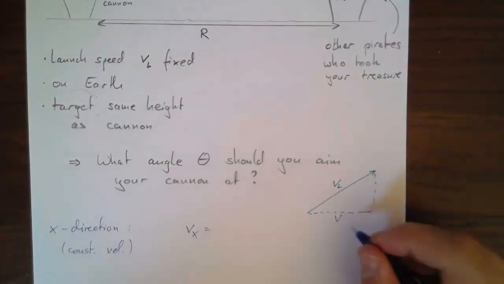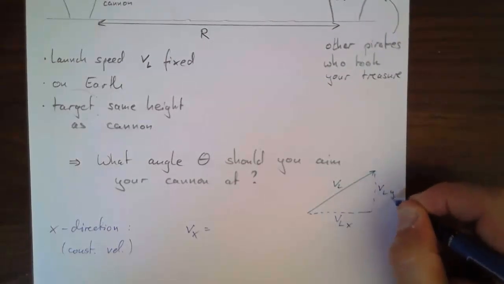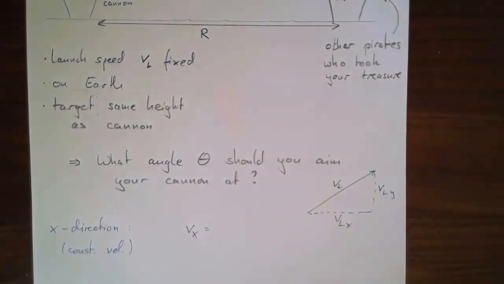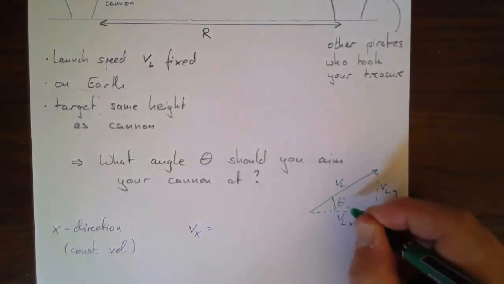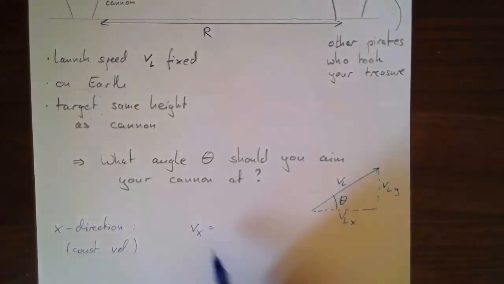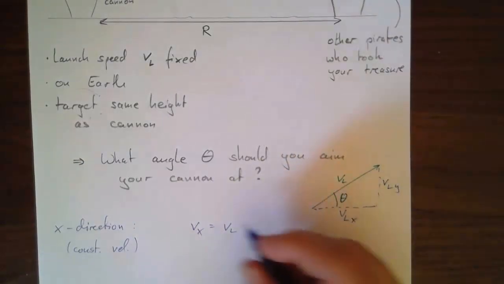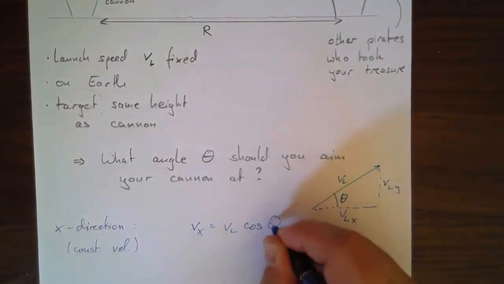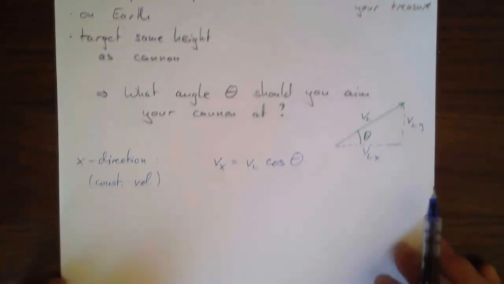So this would be VL, its x component. This is going to be VL, the y component. Now we have to give the angle a name. It's called theta. So this is my angle theta, my launch angle, the angle above the horizontal. And so this is going to be VL, the adjacent, cosine theta. Of course, theta is the thing we ultimately are trying to find.